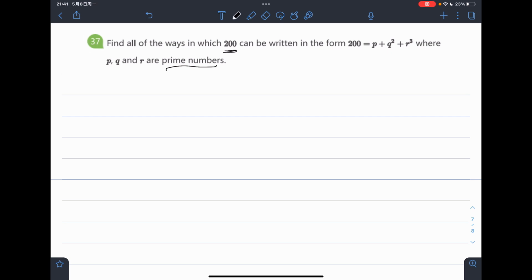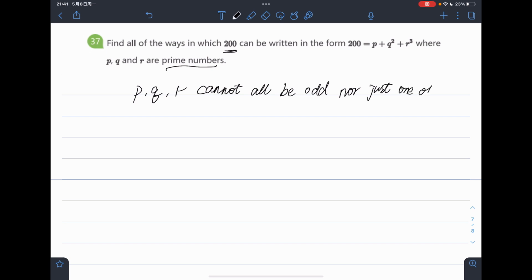So it means that p, q, r cannot all be odd, nor just one of them be odd. Okay?